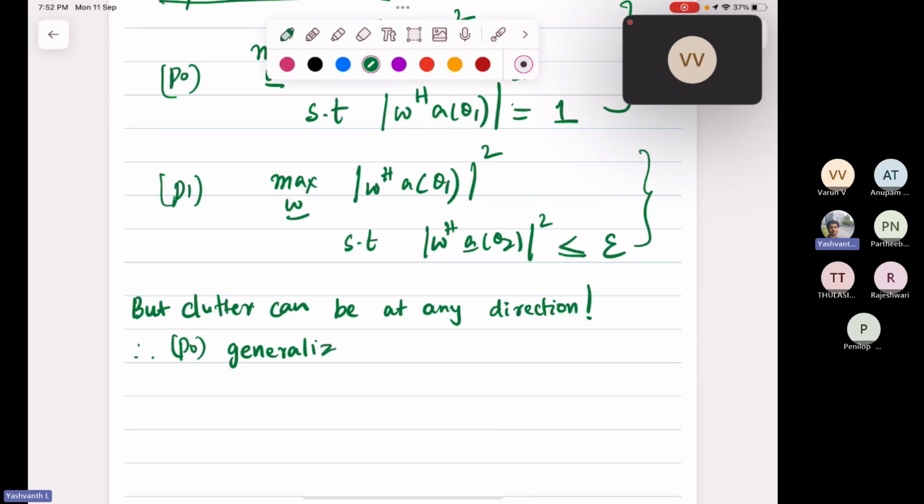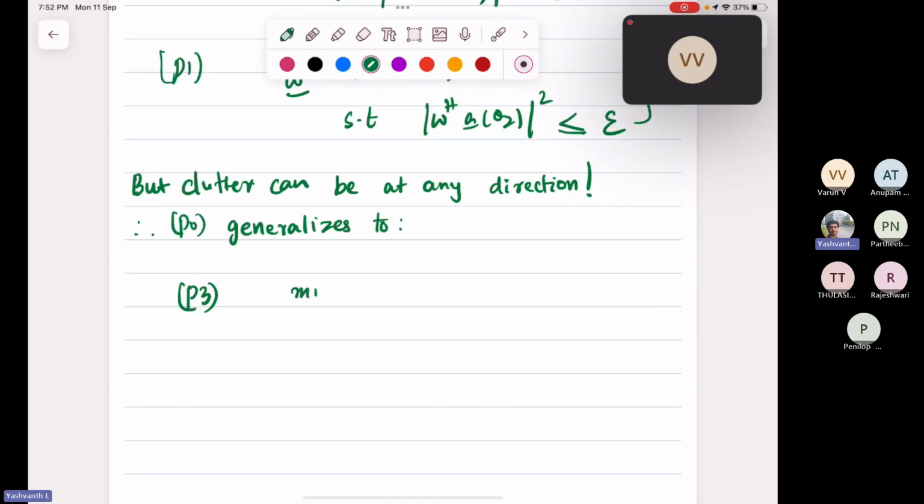I will write the problem and let's see if it's okay. P3: minimize over W the |W Hermitian Y|^2 subject to W Hermitian A of theta 1 equal to 1.